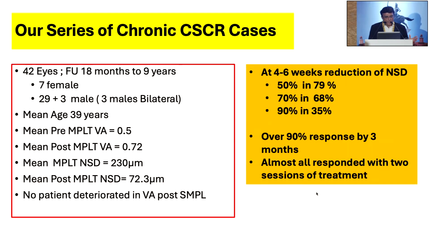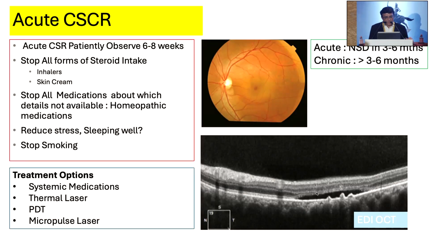So this is a series of about 42 eyes, which included 7 females. 29 were unilateral. There were 3 males which were bilateral. I will just show you the examples, not go into many of these details, but 90% of them responded by 3 months, and the rest of the cases did need a second treatment for them to respond, and most of the cases have responded.